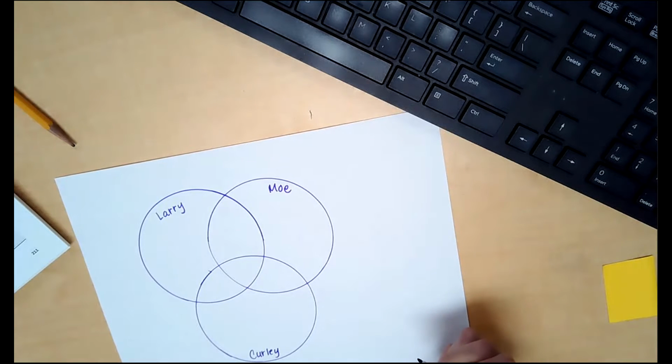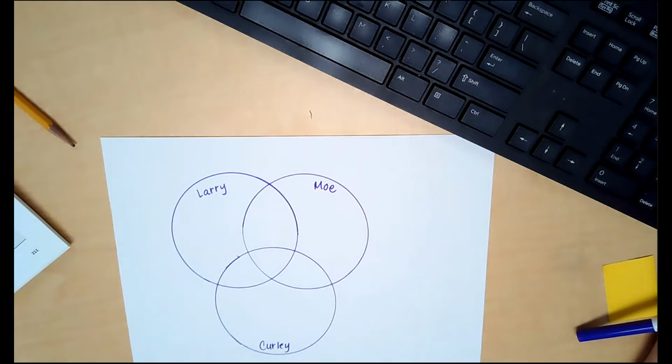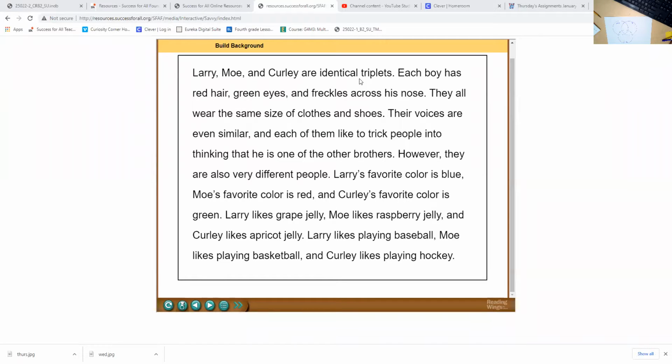Okay, and then let's look and see how they are alike first. So let me share my screen. So let's see, they're identical triplets. So I'm going to put identical. That means they're identical in appearance. So I'm going to put in appearance. Okay.